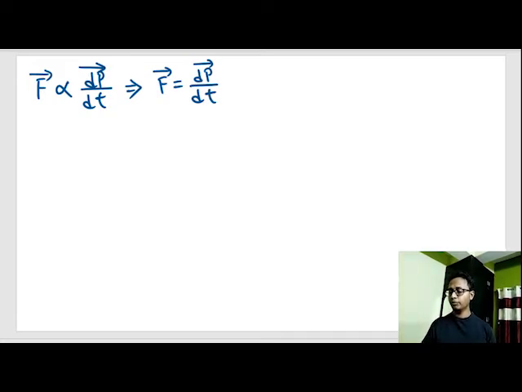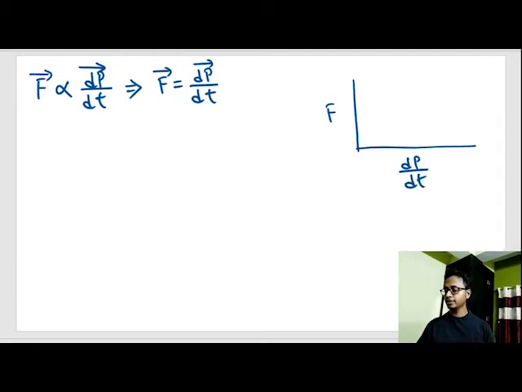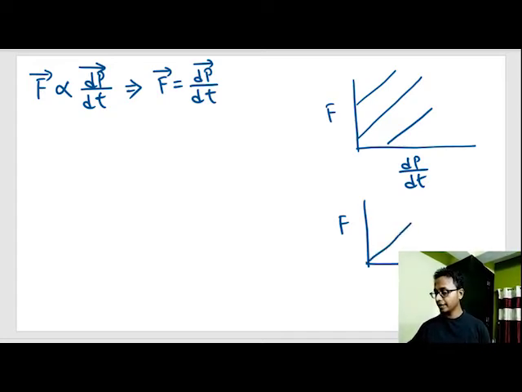So what is the difference between proportionality and equals to? Proportionality means, suppose we draw a graph of force versus dp by dt, a straight line. This straight line can be out here, it can be even out here; it can pass through anywhere.